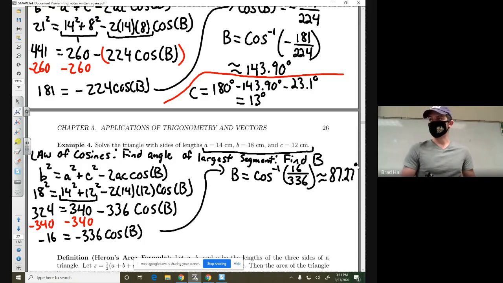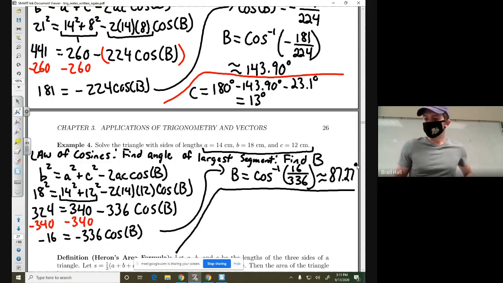So it helped us determine B, which it turns out we will not have an obtuse triangle because the largest angle we have is acute. But it doesn't really change anything.